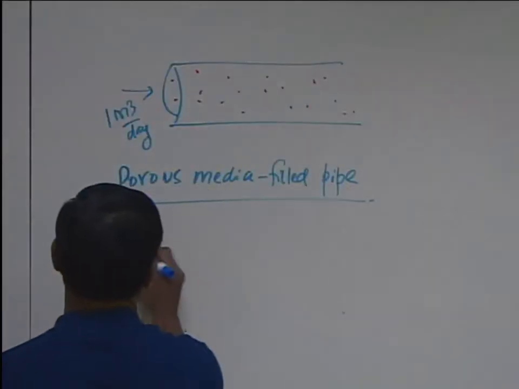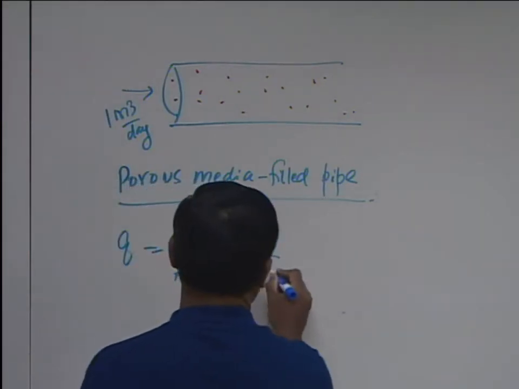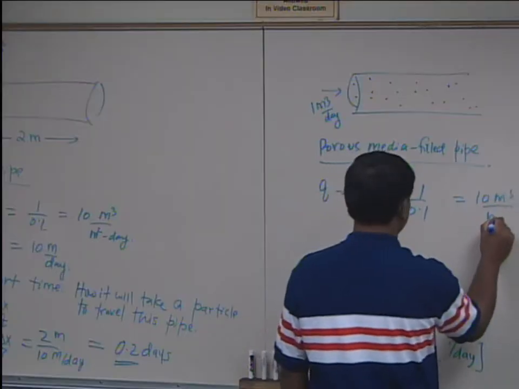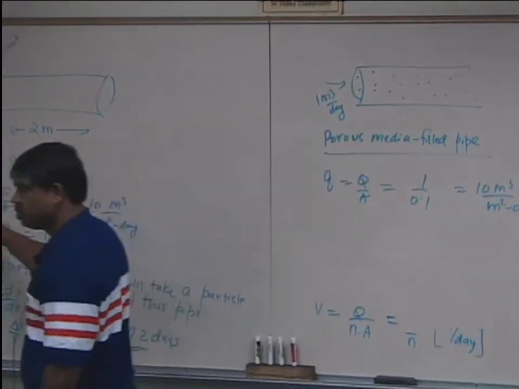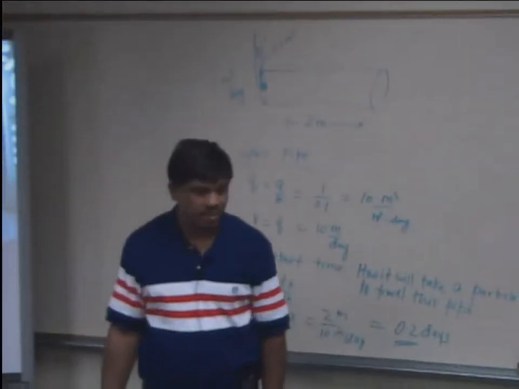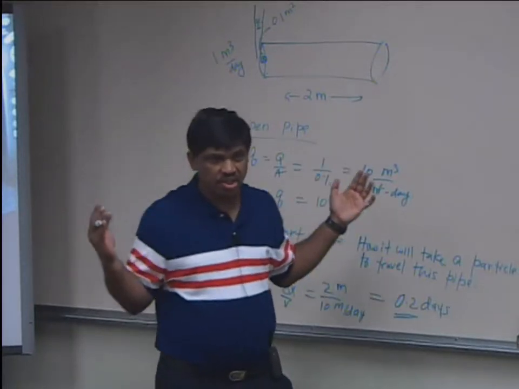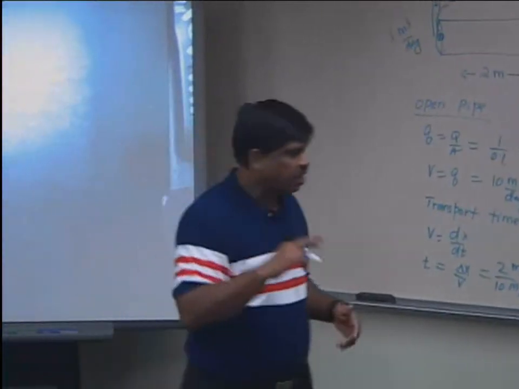So q is equal to Q by A. So 1 divided by 0.1. So look at the q's. q is exactly the same. The flux does not change, because the control surface is exactly the same. It's just an arbitrary definition, really. I assume a control surface normal to the flow, and I've not accounted for the porosity.